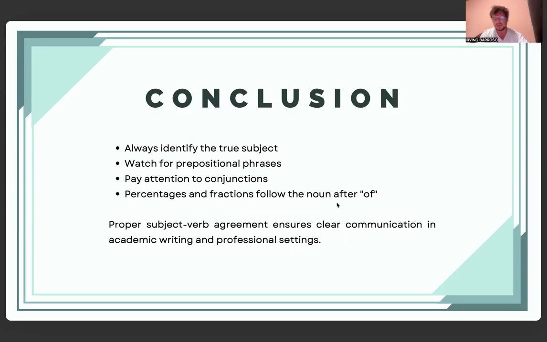Remember these key points: always identify the true subject of your sentences, be careful with prepositional phrases that might mislead you, pay attention to the conjunctions, and for percentages and fractions follow the noun after of. Mastering these rules will significantly improve your academic writing and professional communication.